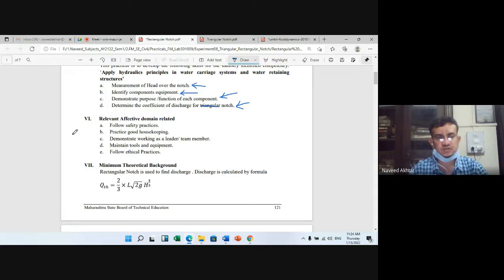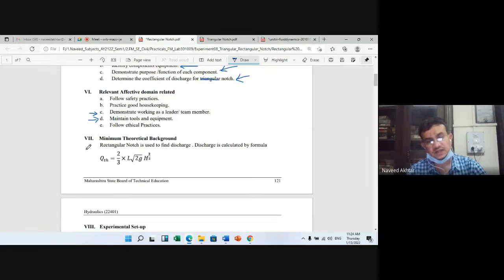After the practical, you should clean all the instruments and devices. You must start working as a leader or team member in the practical. You will perform the practical in a group of 4 to 5 students, when we are doing the experiment in the laboratory. Okay, so follow ethical practices also.